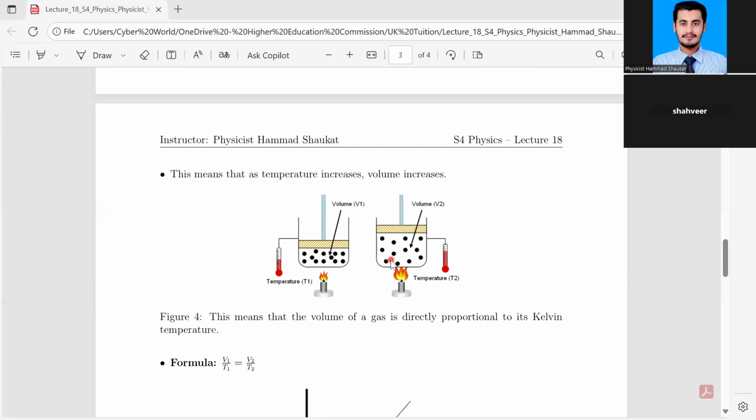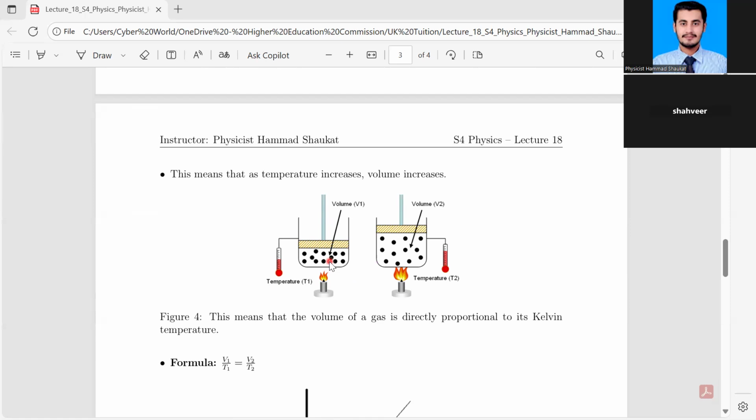Okay. So below you can see a Bunsen burner flame. What we have to do with the flame is increase the temperature. When you put a flame below a container, the heat from the flame comes to the bottom of the container and the particles gain the heat. When the particles gain heat, the kinetic energy of the particles increases.